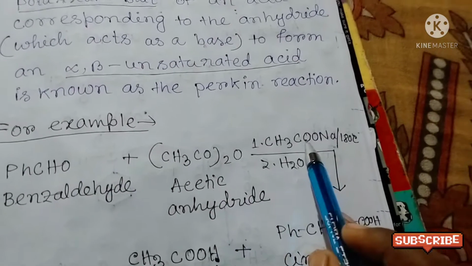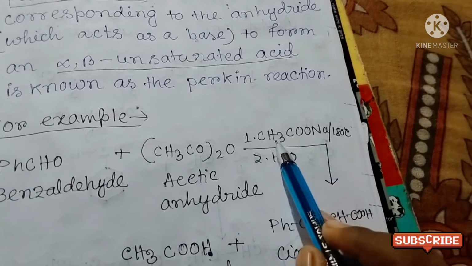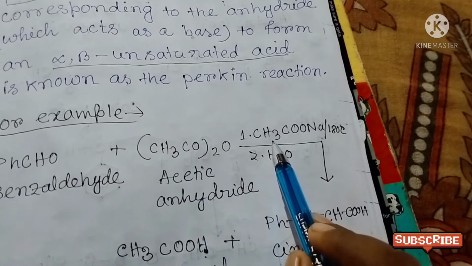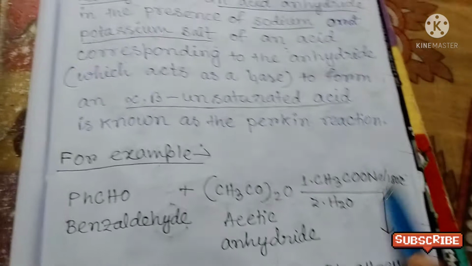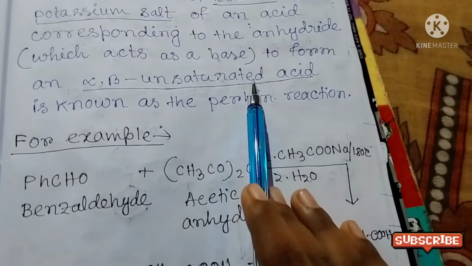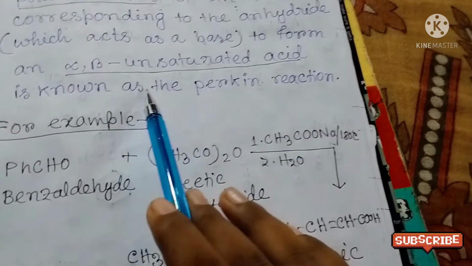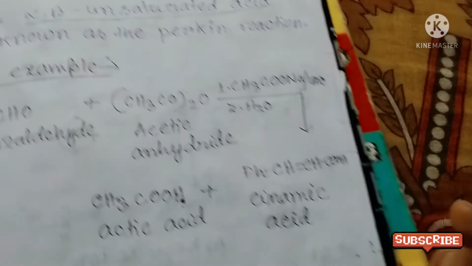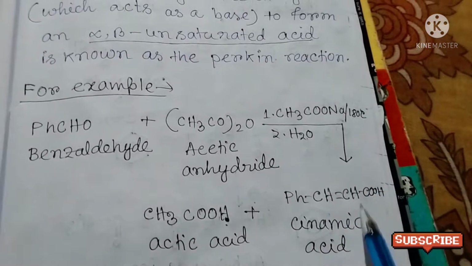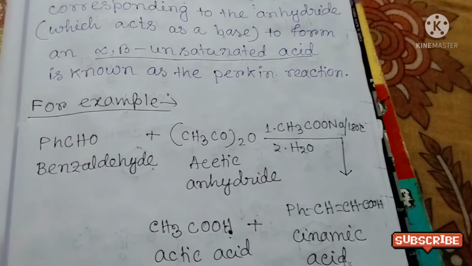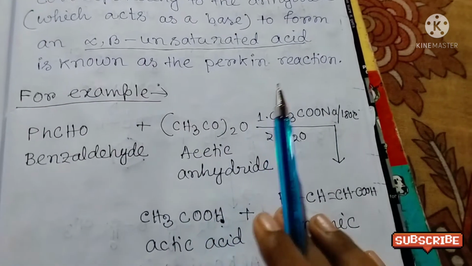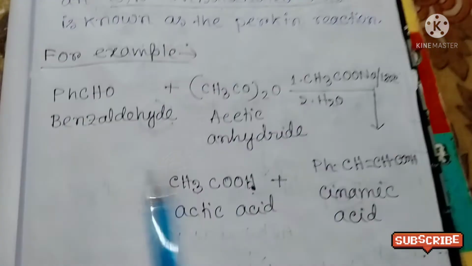Now this is the sodium salt corresponding to the acid anhydride, which acts as a base to form an alpha beta unsaturated acid, that is cinnamic acid, is known as the Perkin reaction.